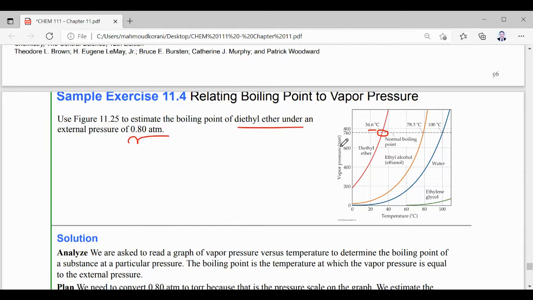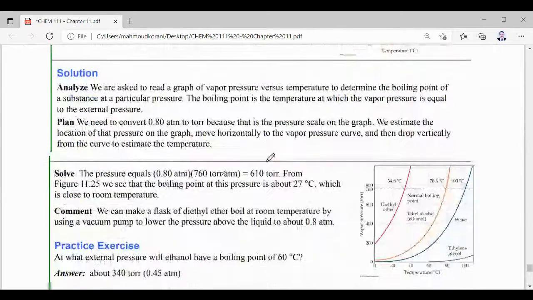Once it's drawn in torr, multiply it by 760 torr, and you end up with 710. So at 710, just draw a line parallel to the x-axis, and the point of intersection between this line and the curve is the boiling point of diethyl ether. It should be less than this one. It could be 30, for example.